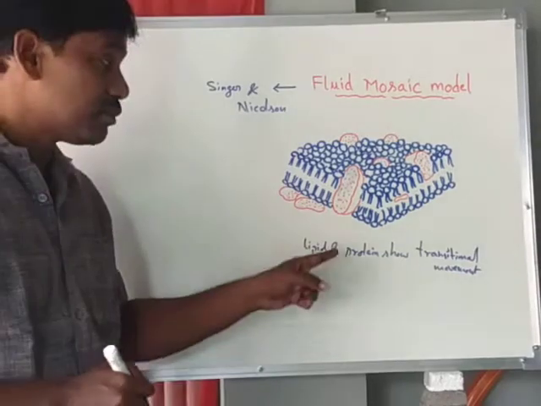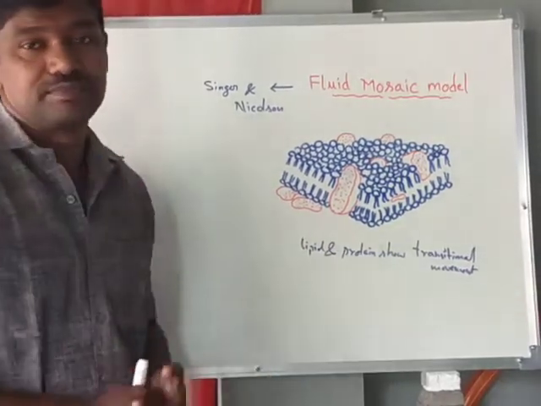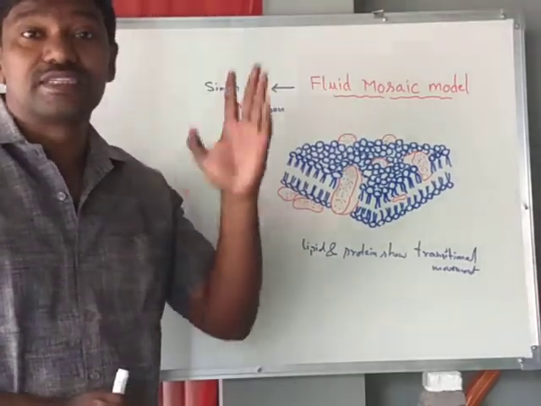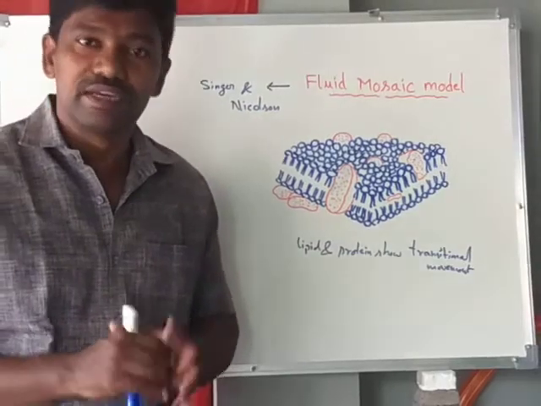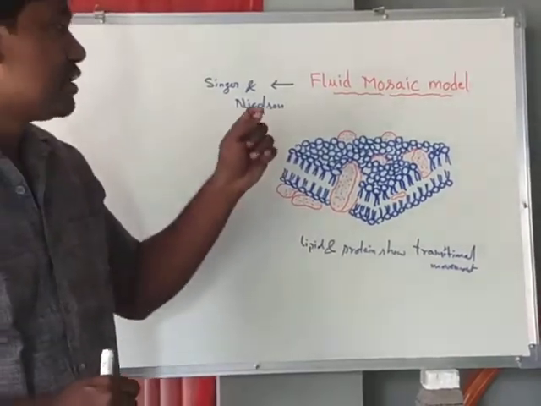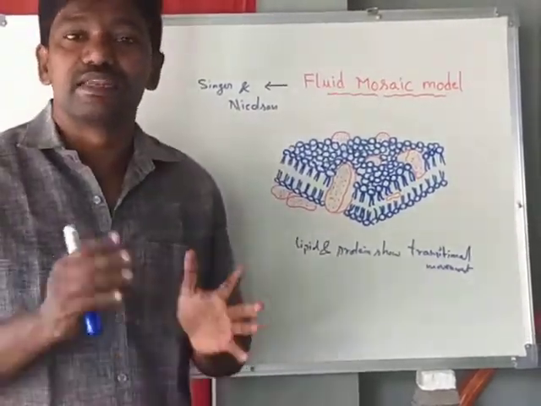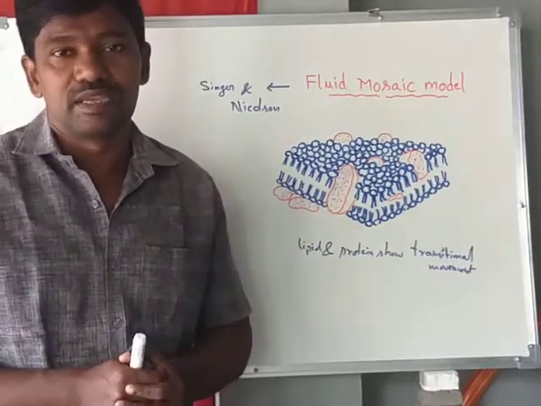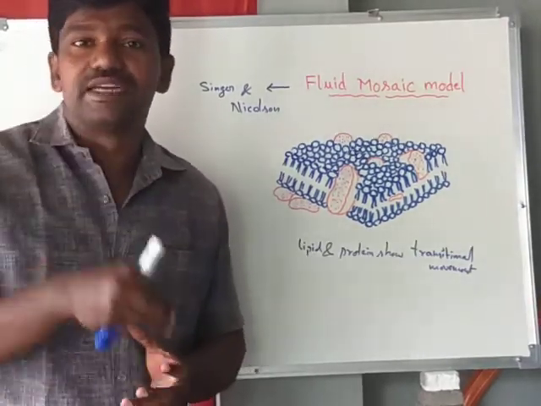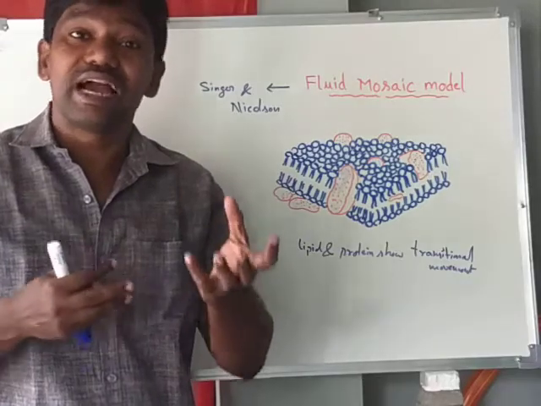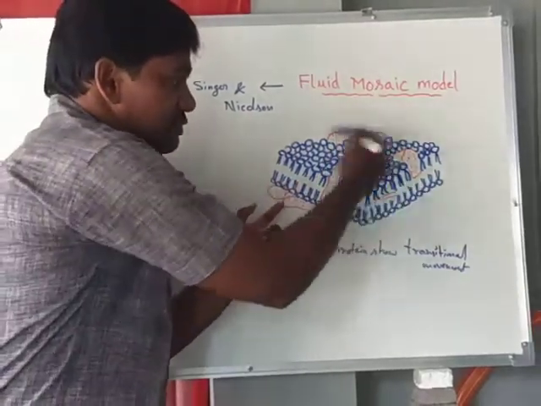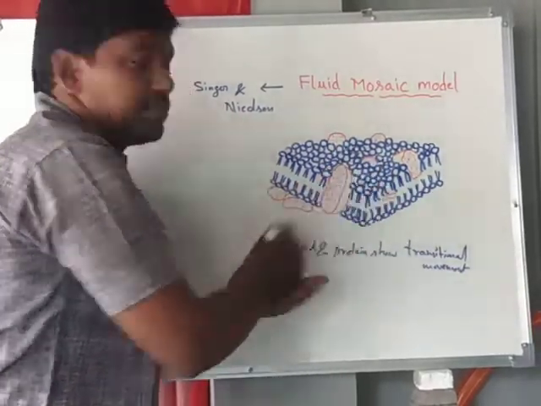This is the most acceptable point; the other theories did not explain it. This theory states that the phospholipids are like a sea in which the proteins are present, floating like ice cubes. This is the structure of the fluid mosaic model.